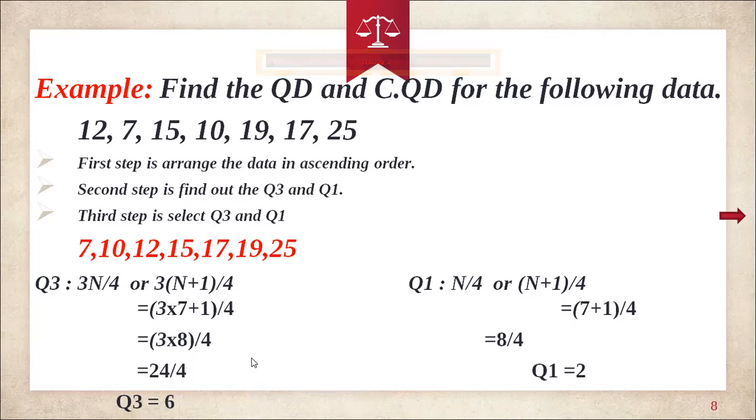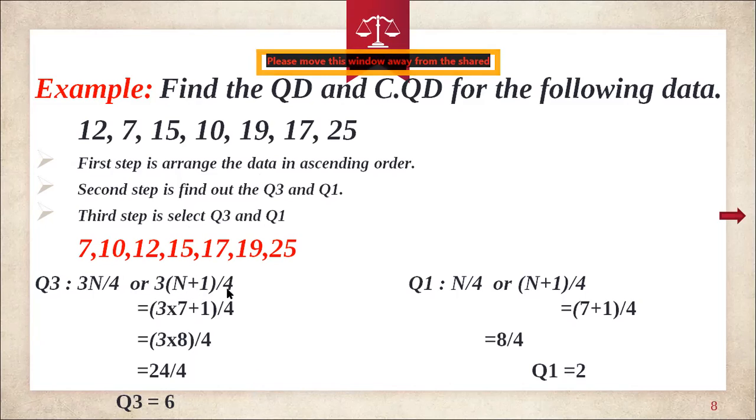Then I will show you how we can select Q1 and Q3. So Q1 is 2. Then we need to find Q3 also. What is quarter 3? Here it is 3 into n plus 1 divided by 4, where 3 is quarter 3.